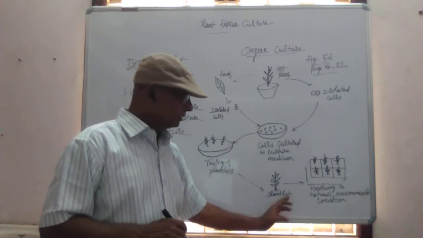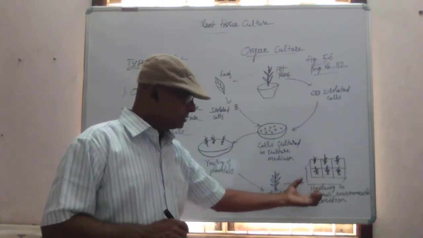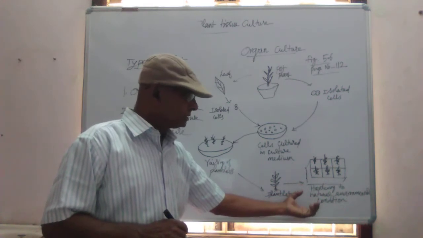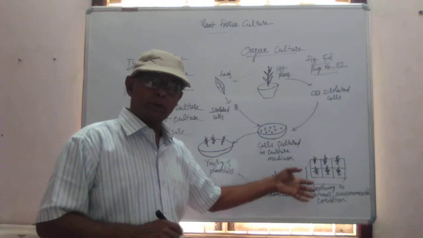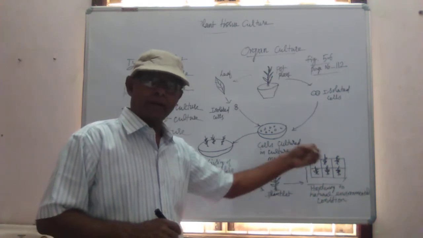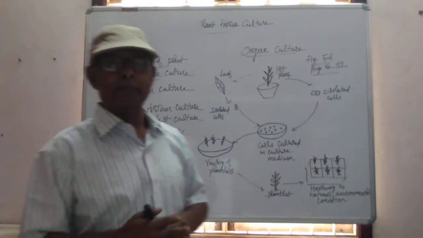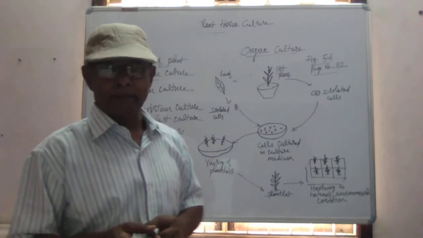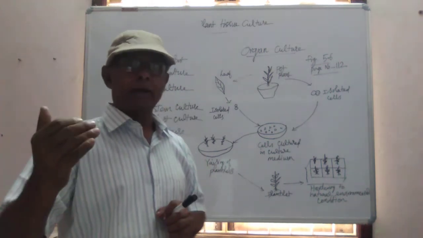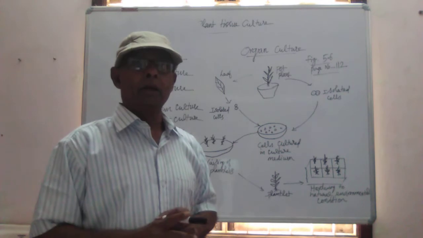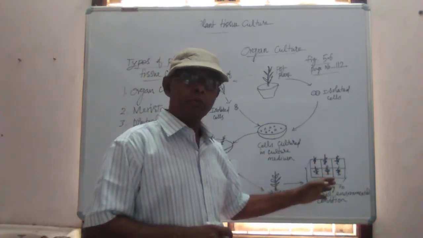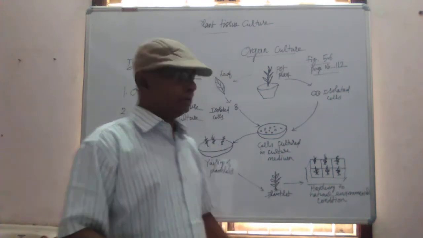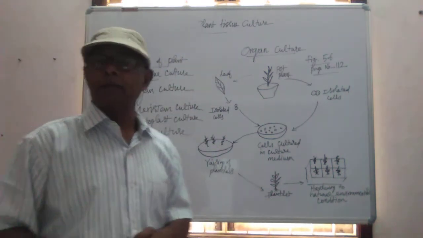So after hardening, this is the vessel in which the hardening process proceeds, and the plantlets are exposed slowly and slowly to the natural environmental condition. After acclimatization, after the plantlets adjust to the natural environment, they will be grown in the natural field. This is the organ culture.